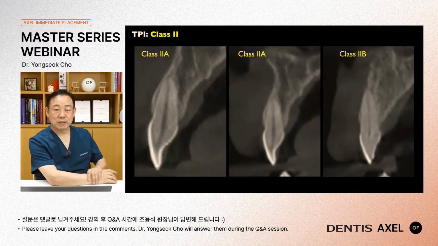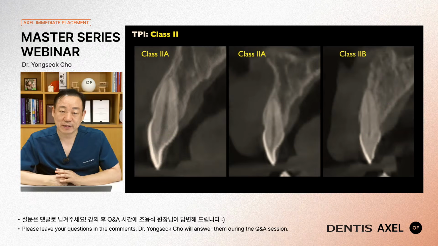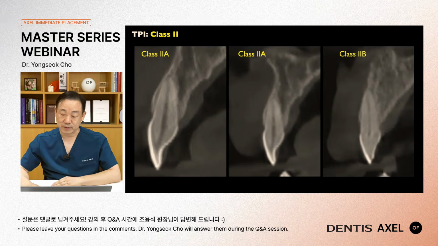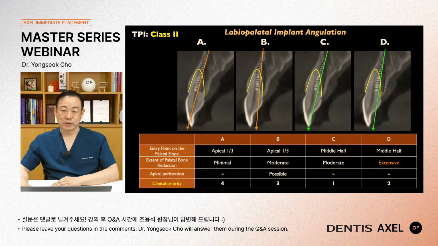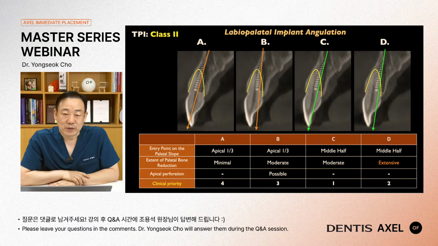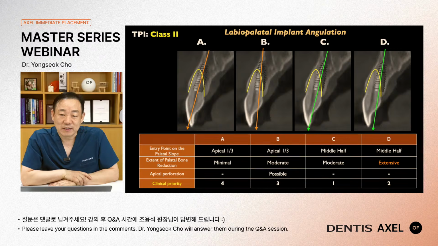Let me think about the class 2 TPI. Here are class 2A and B situations. In such a situation, when we start the entry point at the apical third, it is not easy to avoid apical fenestration.